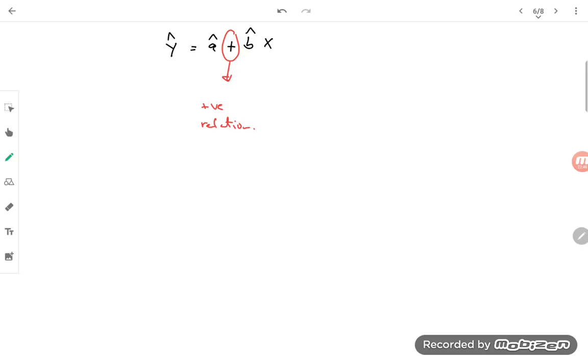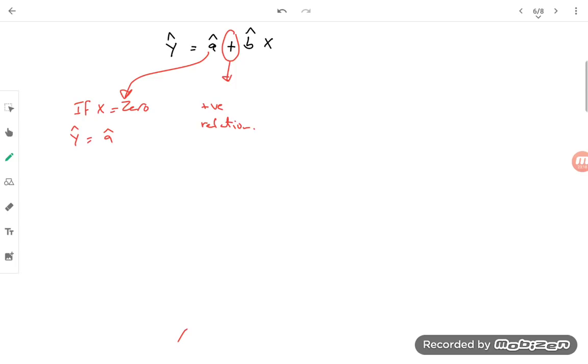With respect to question number 4, what is the value of y if the independent variable equals 0? If x equals 0, the value of y will be equivalent to a hat. So if a hat equals 5, the value of y will be 5, and so on.